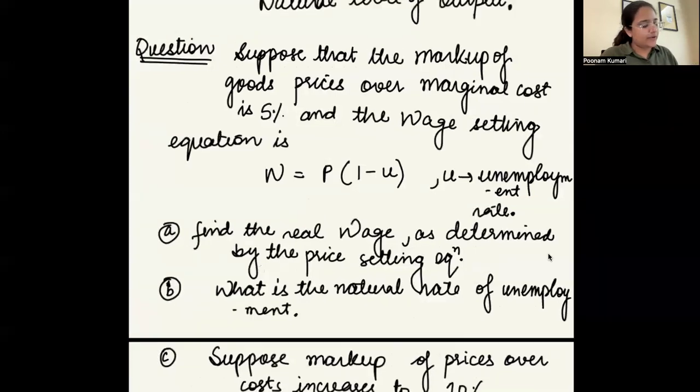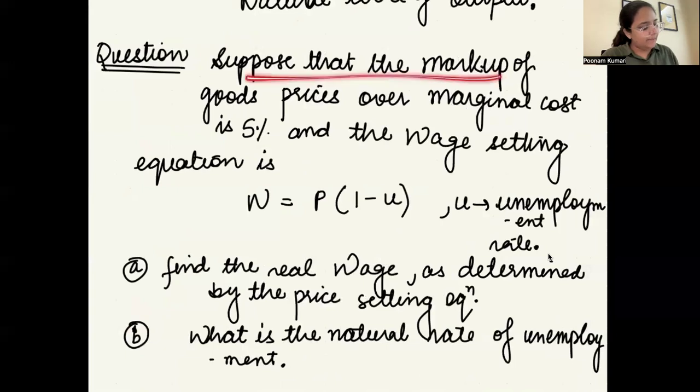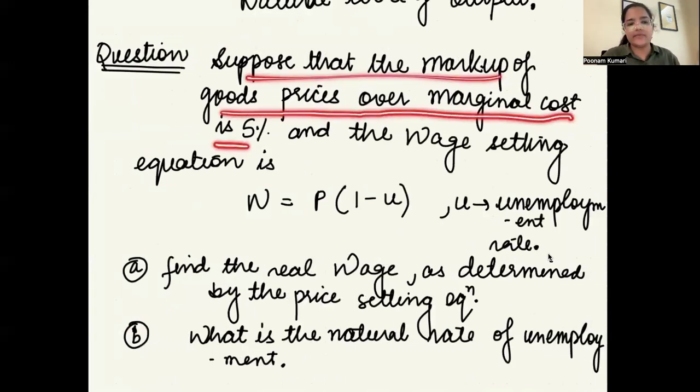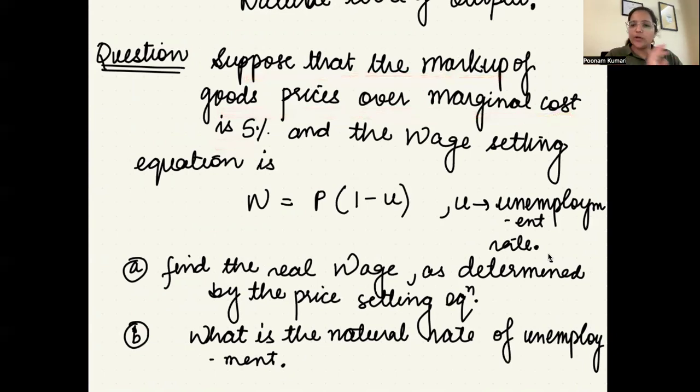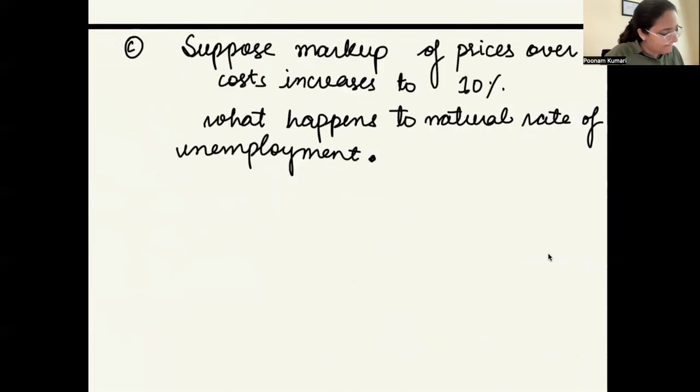So we are given the following. Suppose that the markup of goods prices over marginal cost is 5%. So they have just told me the markup. What is M here? If they've told me the markup over marginal cost is 5%, what is M?